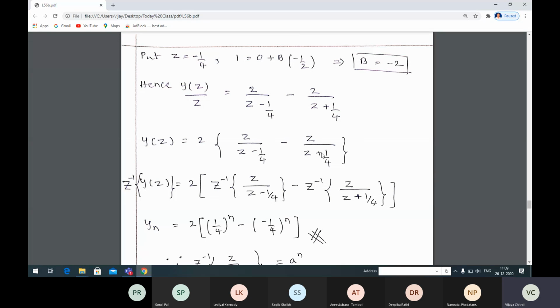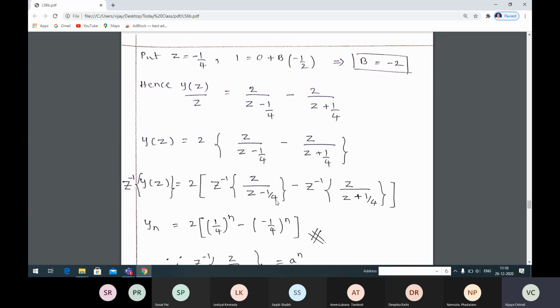Now take z inverse on both sides. So z inverse of y of z is equal to 2 into z inverse of z divided by z minus 1 by 4 minus z inverse of z divided by z plus 1 by 4.